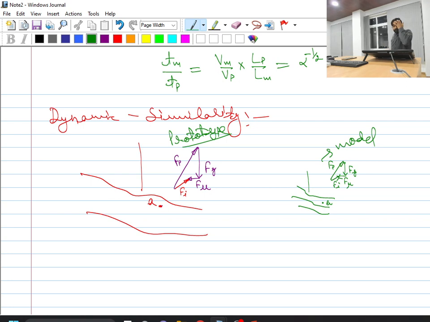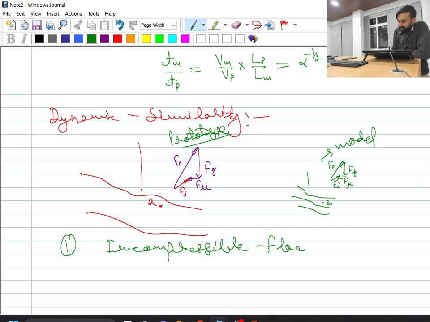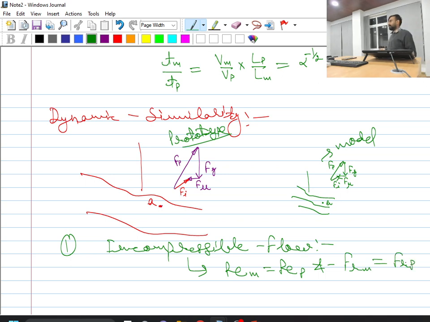Now, to satisfy dynamic similarity, first let's talk about incompressible flow. For incompressible flow, dynamic similarity can be satisfied if and only if the Reynolds number of the model equals the Reynolds number of the prototype and the Froude number of the model equals the Froude number of the prototype.